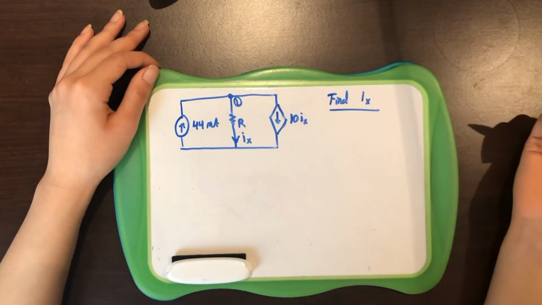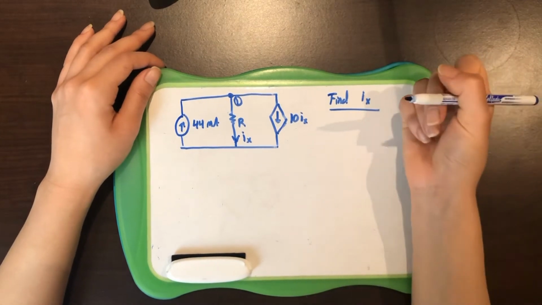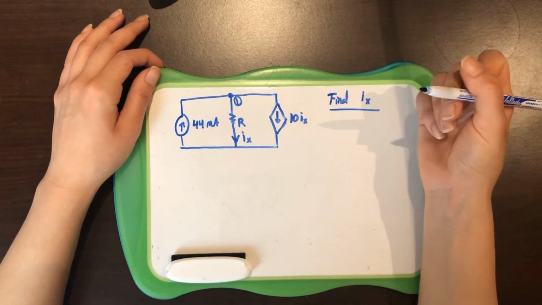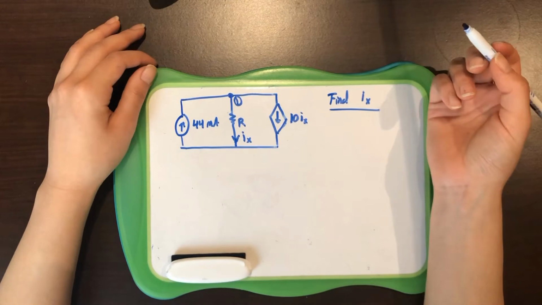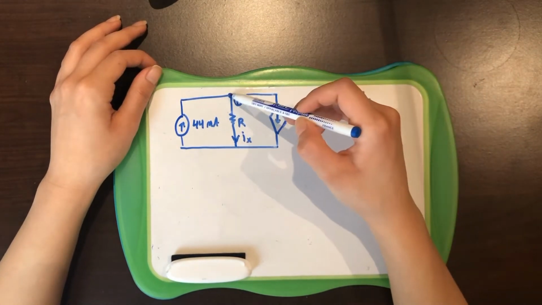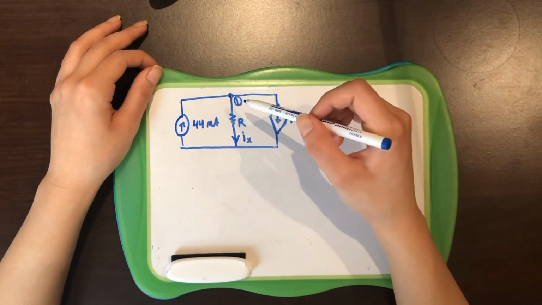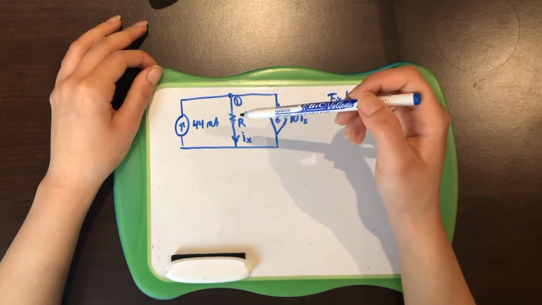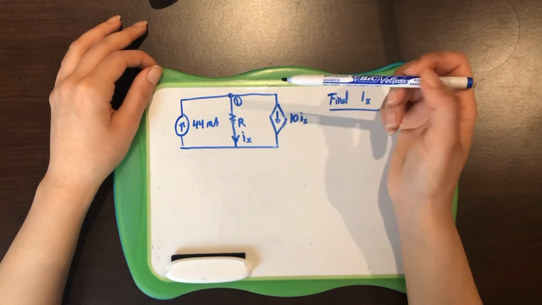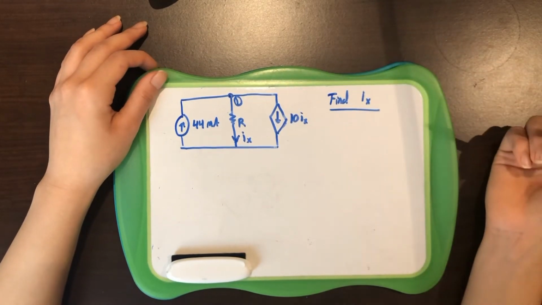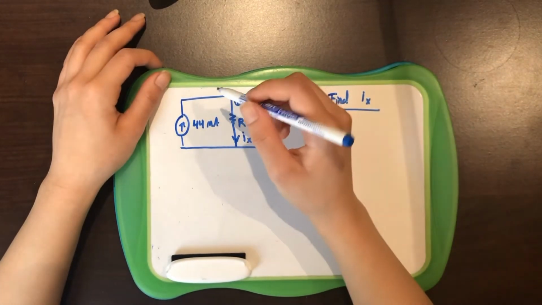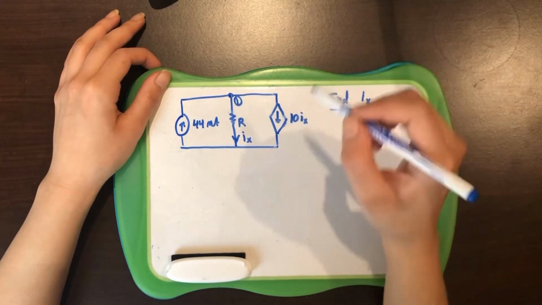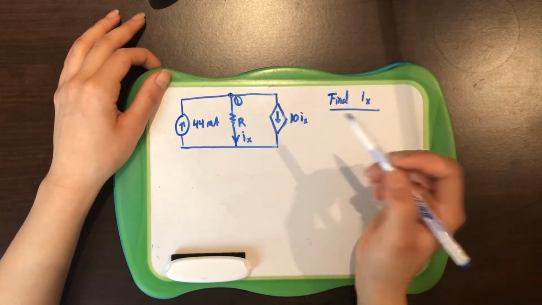Well, it's very simple. All we have to do is use KCL, or Kirchhoff's current law, which basically says that the currents entering or leaving a specific node has to equal 0, right? So it's very easy. Let's just solve it at this node.